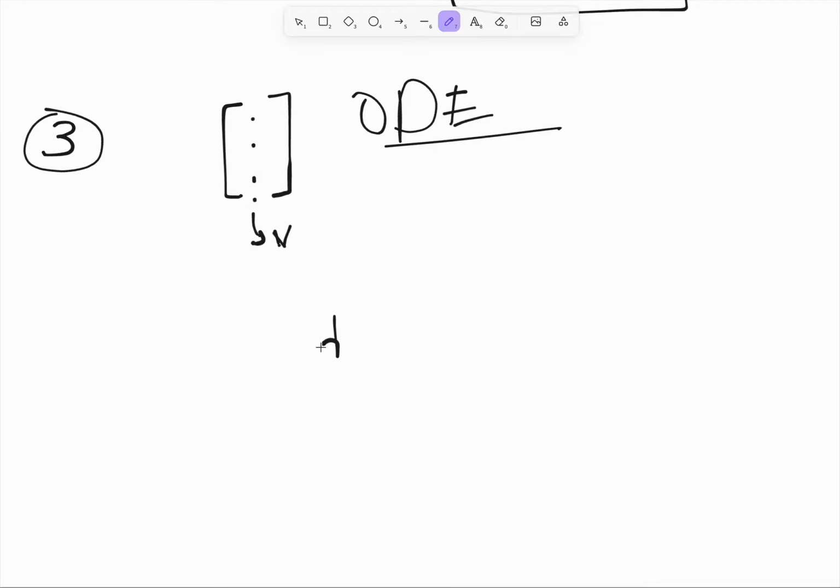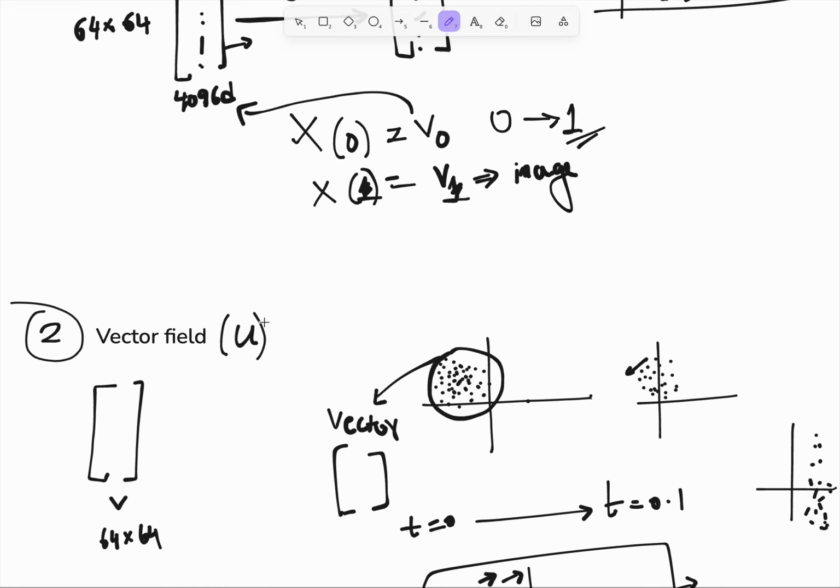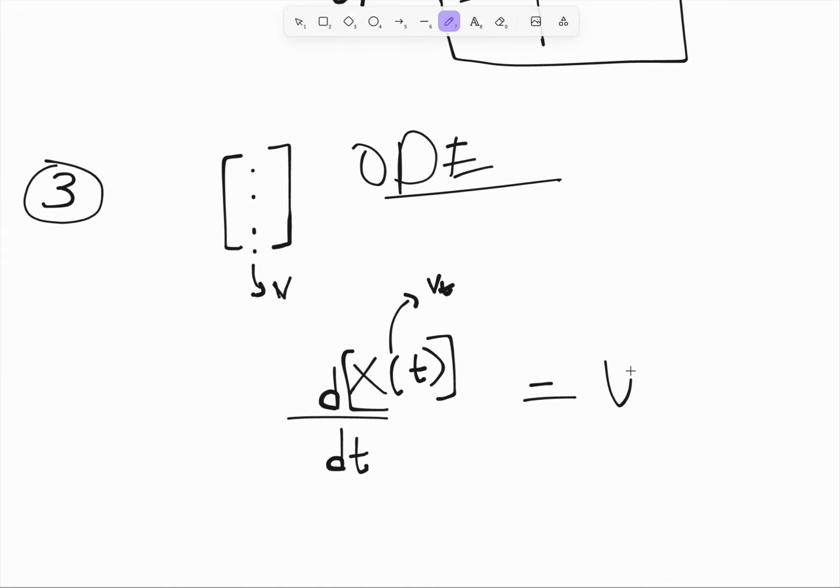So if I take d by dt of this trajectory at t, what does this mean? This will give me the vector at t, essentially v_t, which is what we're trying to differentiate. You will get u, which is the vector field of the trajectory.